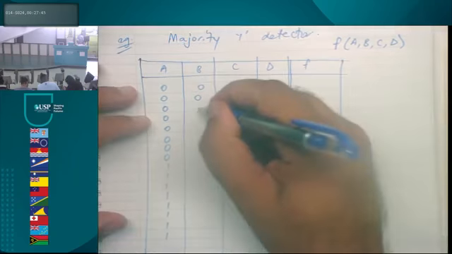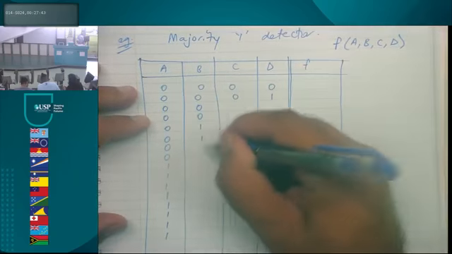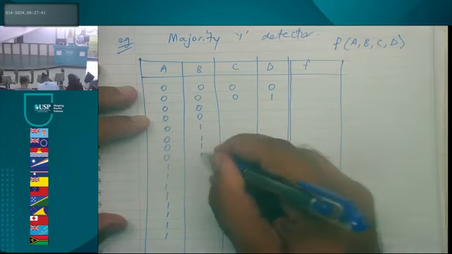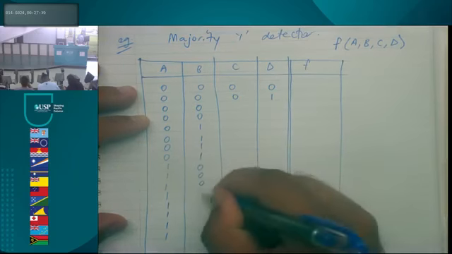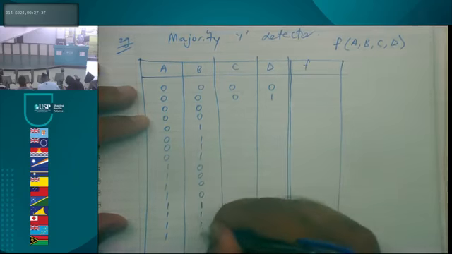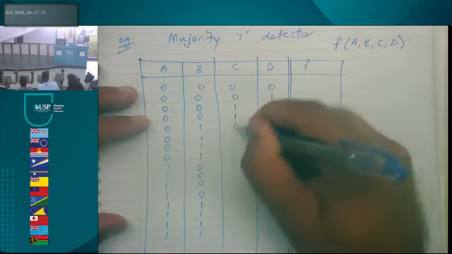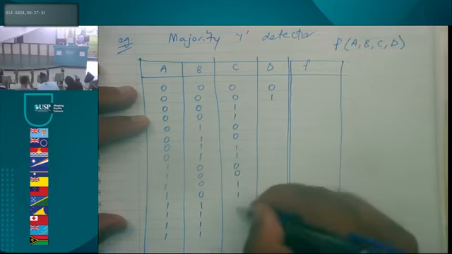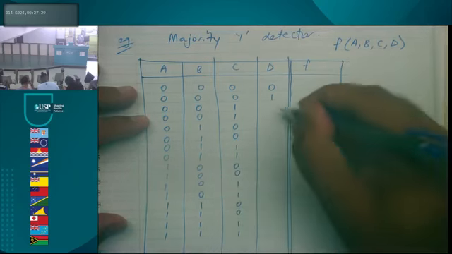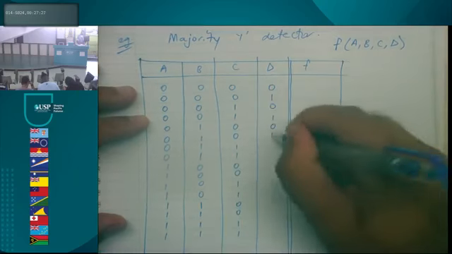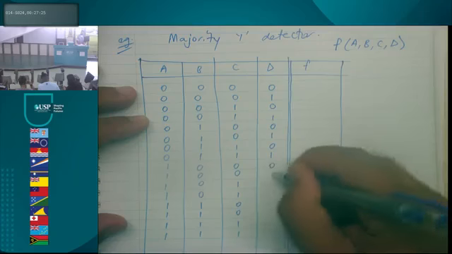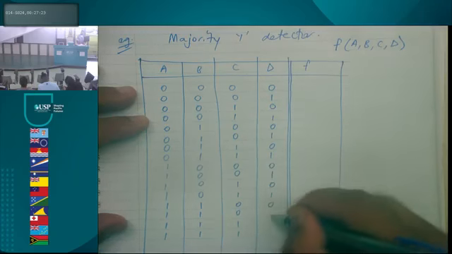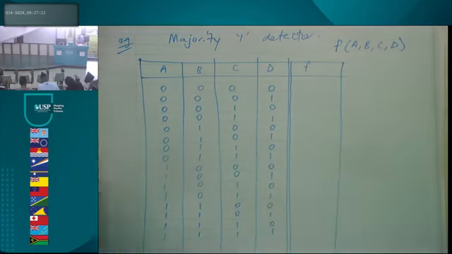Now, this is another quick way of doing it. There's always a pattern. Okay, so the input side of my truth table is now populated.